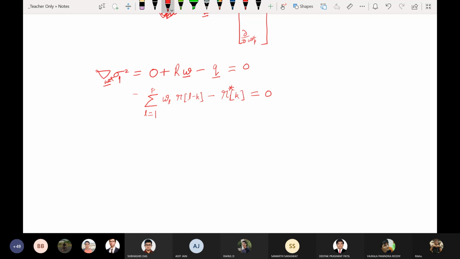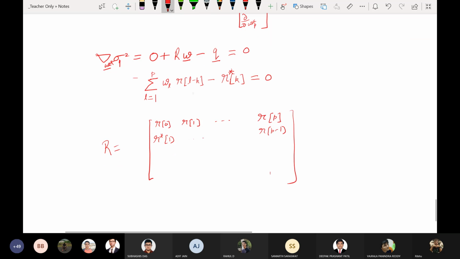So in a way, I know that R equals R0, R1, ... RP, R conjugate 1, ... RP minus 1, and so on.